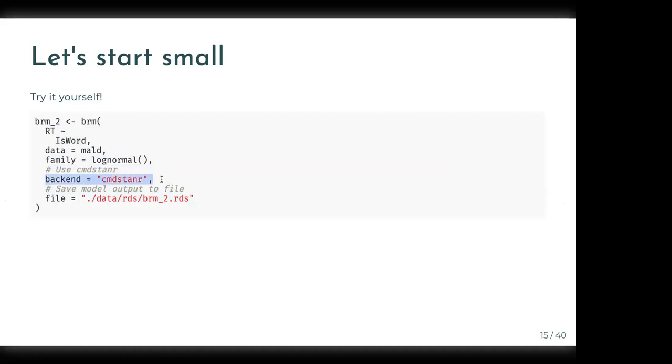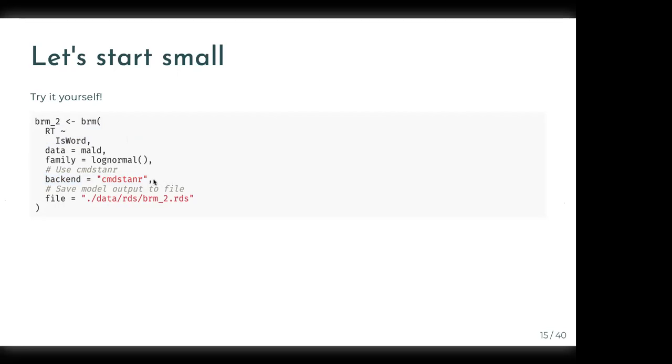And these lines are more technical. This first line basically just says use the cmdstanr package to convert brm syntax into Stan syntax. There are 2 main backends. One is cmdstanr and the other one is rstan.